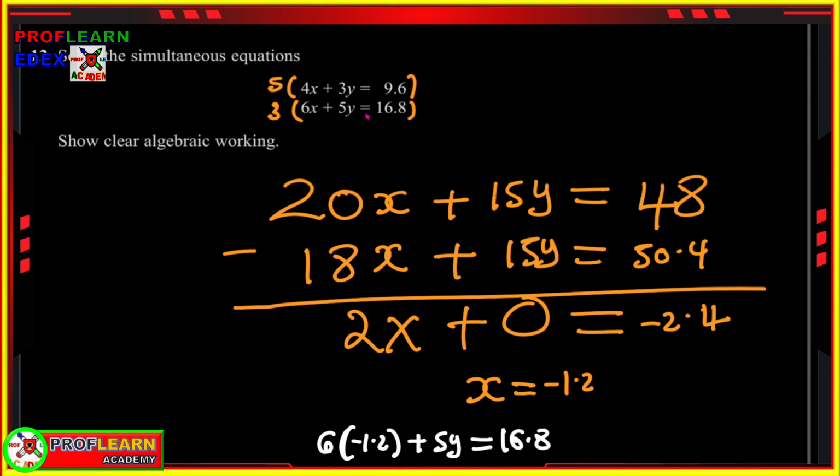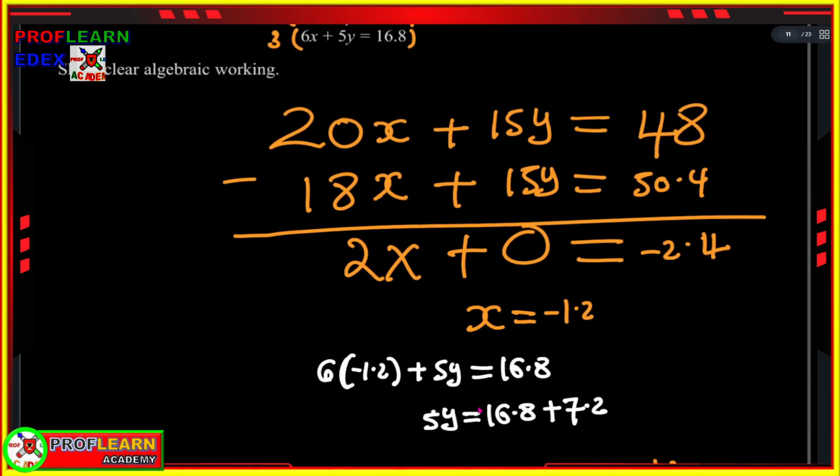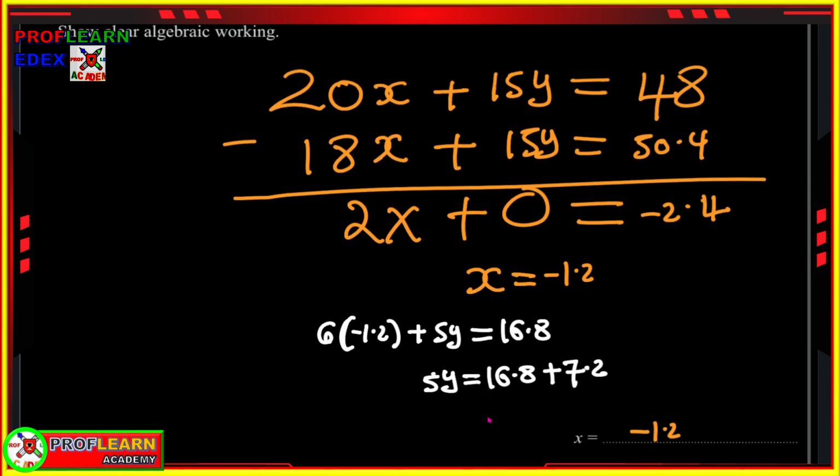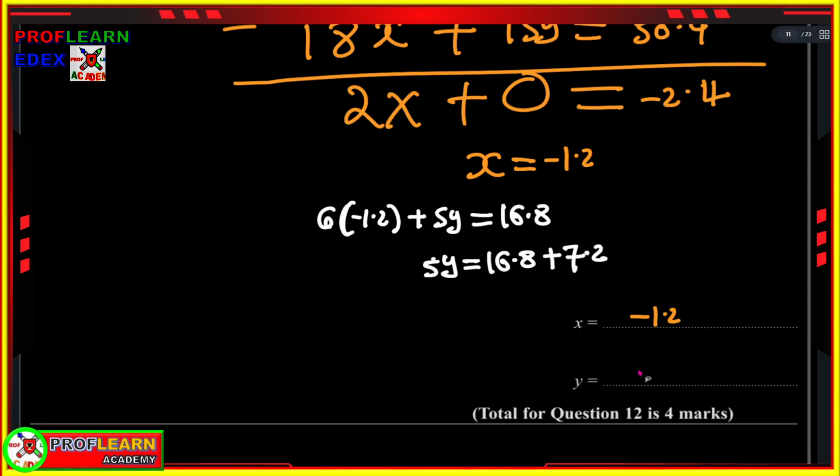I think it should be. 16.8 plus 7.2, then divide by 5. That becomes 4.8, not 2.8. It will be 4.8. Yeah, that's true.